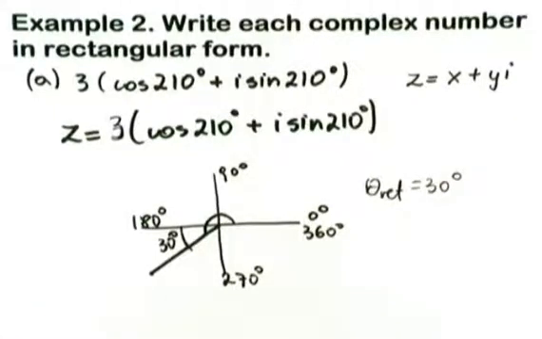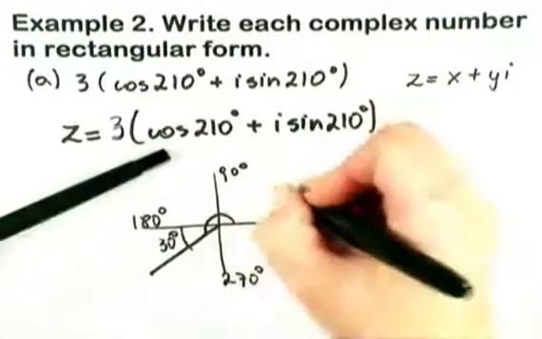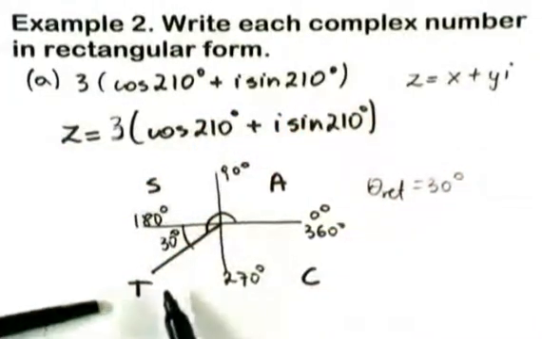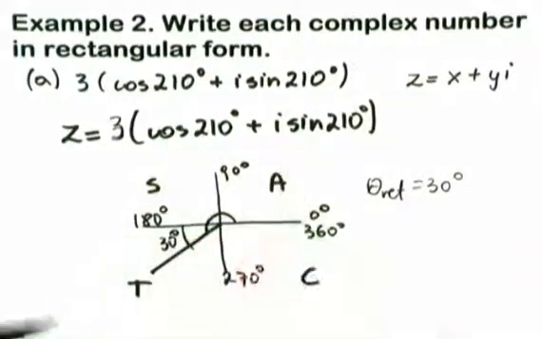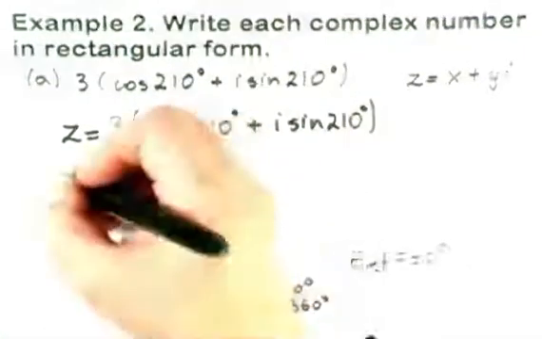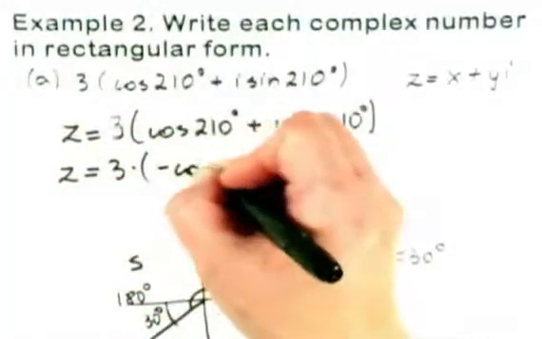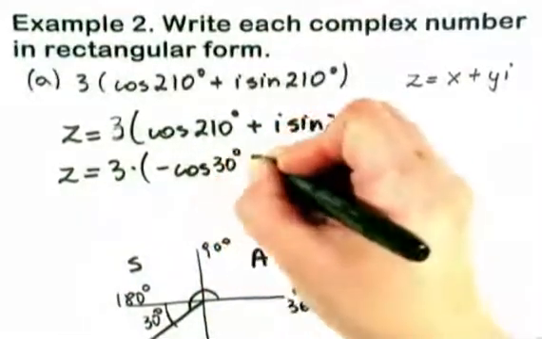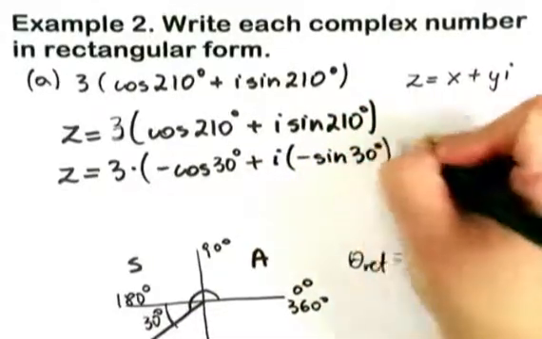We know that cos, sine, and all trigonometric functions are equivalent to the reference angle up to the sign. So, add sugar to coffee. In the third quadrant, only tangent is positive. Both of them are negatives. So this is equal to 3 times minus cos of the reference angle, 30 degrees, plus i times minus sine 30 degrees.